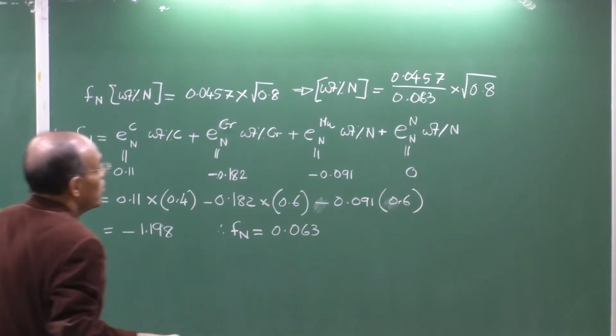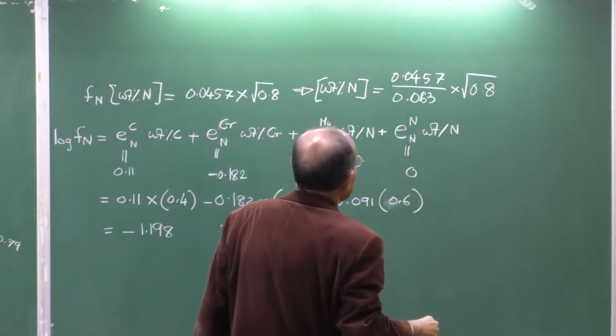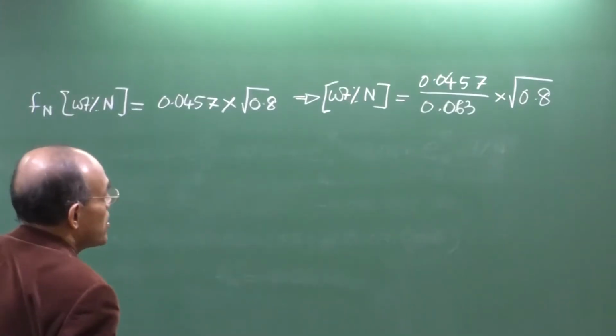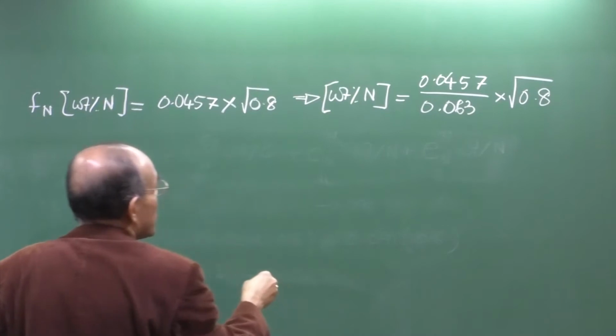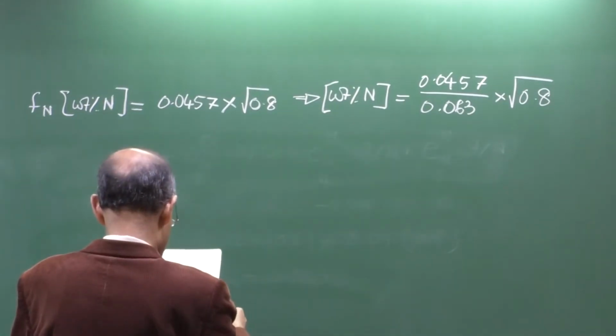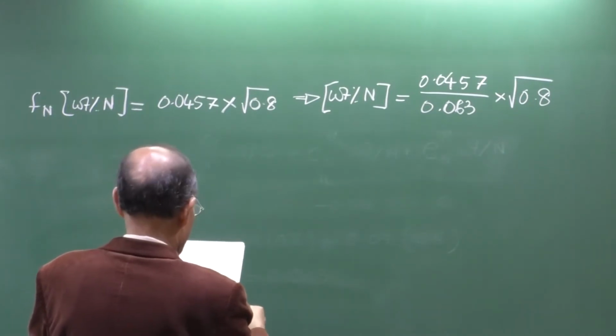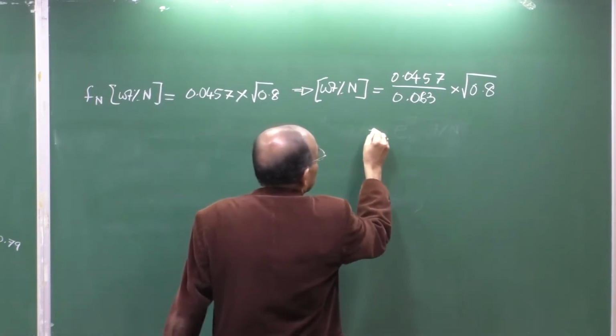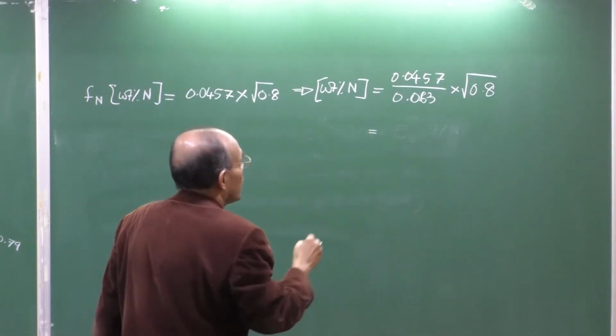So, you can see that this is this value. This is basically the square root when you do the square root. So it is 0.063, I think, yes, and this is 0.0457. So you can calculate very easily.